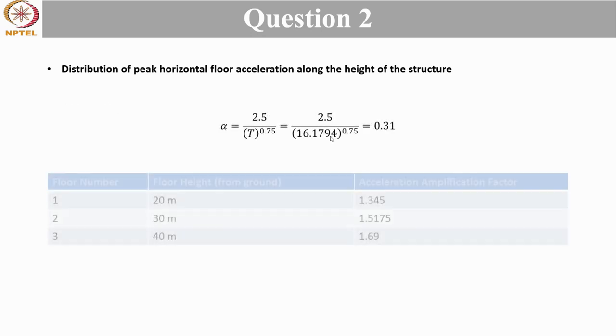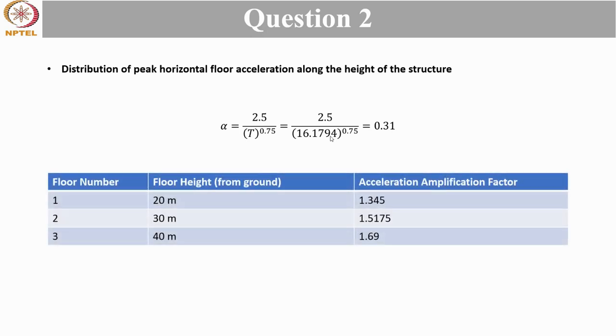The alpha will come out to be 0.31, and we know the floor heights. The height of the first floor is 20 meters, the second floor is 30 meters, and the third floor is 40 meters. Calculating the acceleration amplification factor for each floor, we get 1.345, 1.5175, and 1.69.